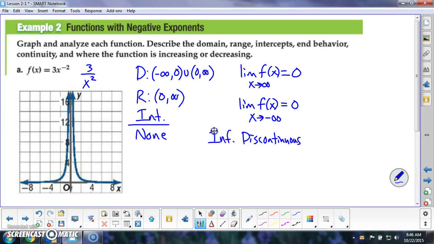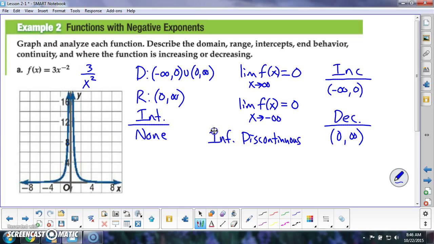And what else we have? Increasing and decreasing behavior. So as you go left to right, the left side from negative infinity to 0 is going up. And then the right side of the graph, as you go from 0 to infinity, it's going down.